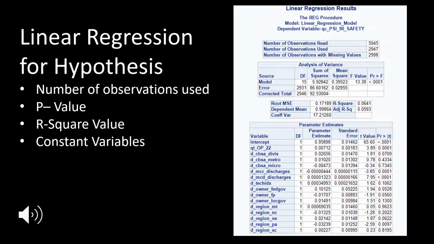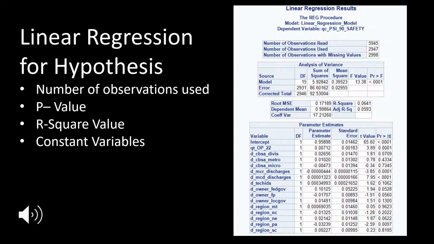And then lastly, we look at the constant variables that are listed in the parameter estimates, and there are some variables that have a p-value of greater than 0.05, which we cannot use to help support our hypothesis, but we can use the ones that are less than 0.05.